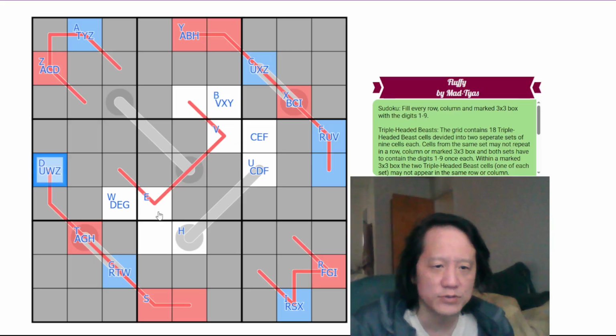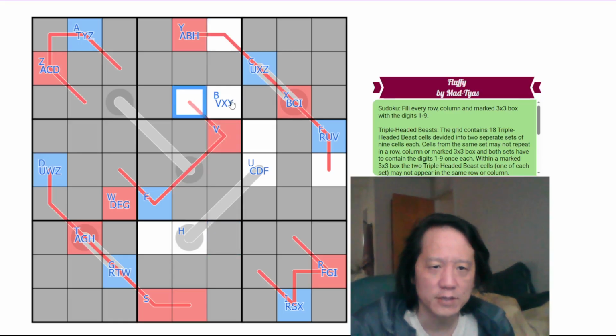So if this is blue, this has to be red here, which means this can't be red. That's blue, which makes that red. Blue eliminates blue here. Red eliminates red here. Red eliminates red here. So this can't be blue anymore, so that's blue. This is blue, which forces this to be blue. This can't be red because of the red here. So that's what we had.